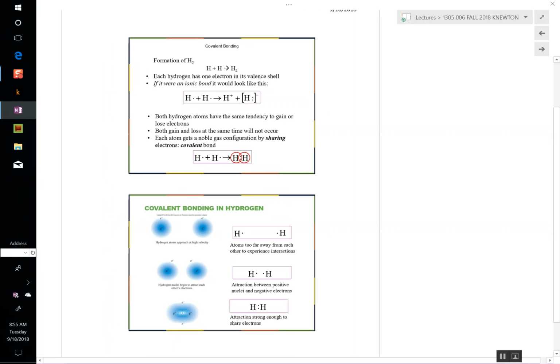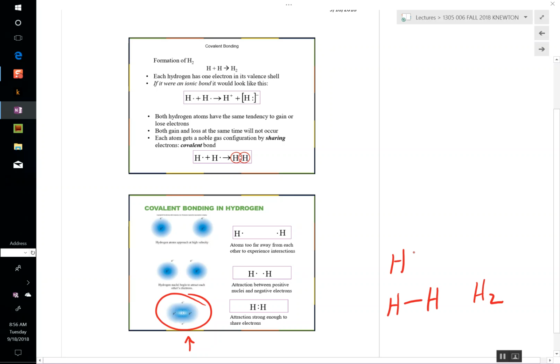Hydrogen. Hydrogen is diatomic, but we don't see a hydrogen atom transfer an electron to the other hydrogen atom. They both want another electron, and so they share them. They form this, they're just showing the orbitals where these electrons are, and now you have a molecular orbital and you have a hydrogen molecule.